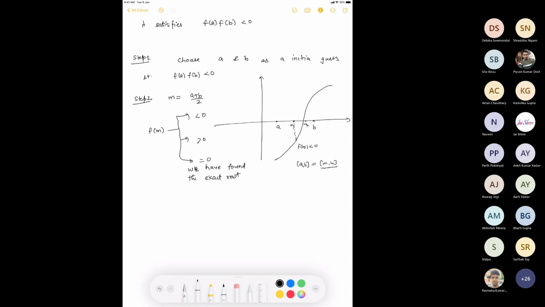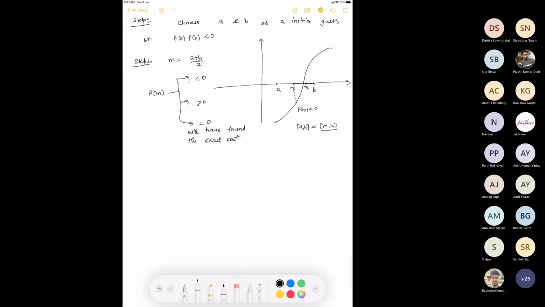And based on the sign, if it is positive, then I will replace my B by M2. Okay. And if it is negative, then my interval will be this. Okay. So by doing this, you can see that we are reaching closer to the point which is basically the root of the function, right?